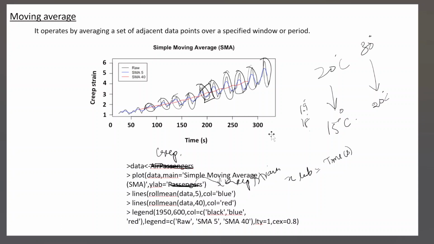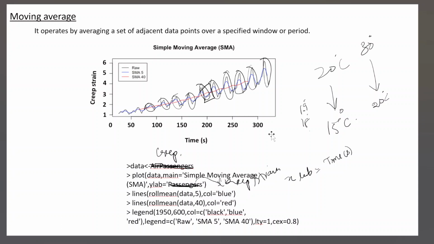Then we plotted the creep data using simple moving average. First, we plotted whatever raw data we have got in black. The variation you see in black is the raw data.